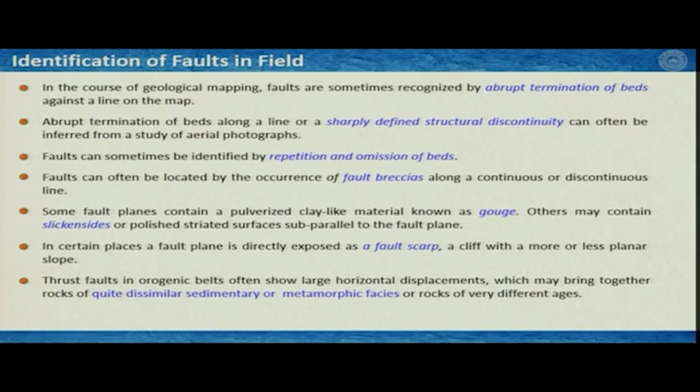So there are several criteria which I have listed here. The first one is geological mapping. Faults are sometimes recognized by abrupt terminations of beds against a line on the map. If you see an abrupt termination of beds along a line of a sharply defined structural discontinuity in your map, you can figure it out as a fault, but you have to be very sure that this is not some sort of angular discontinuity.